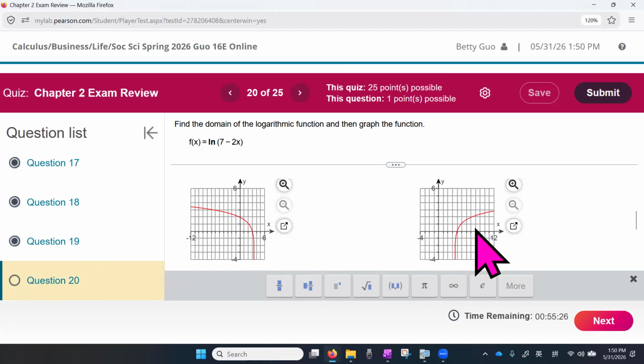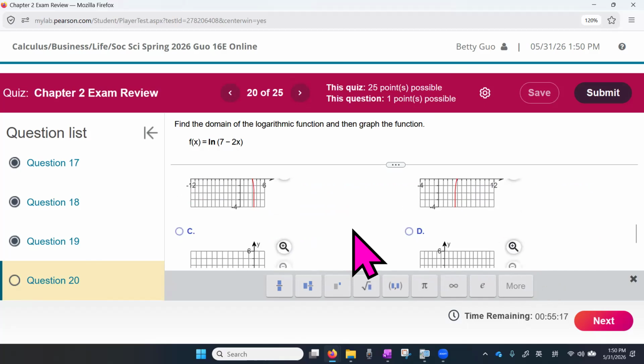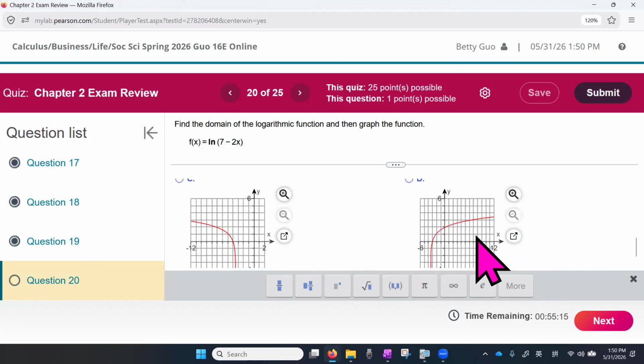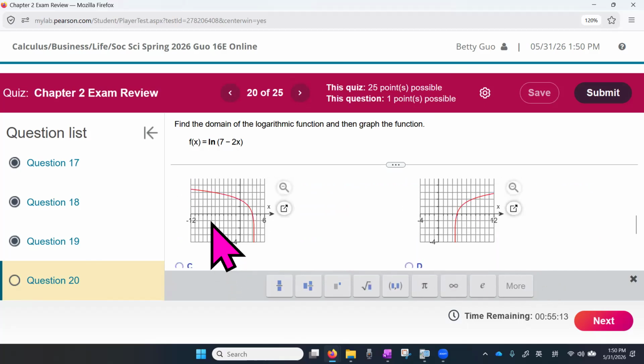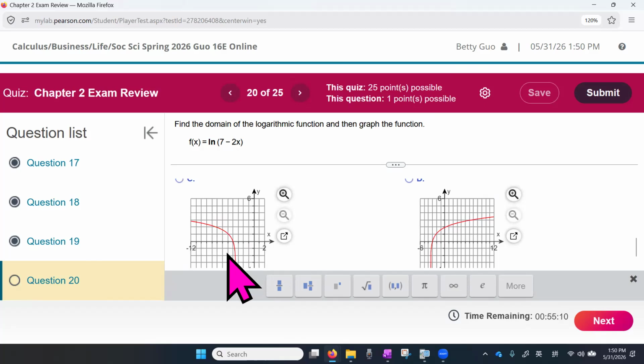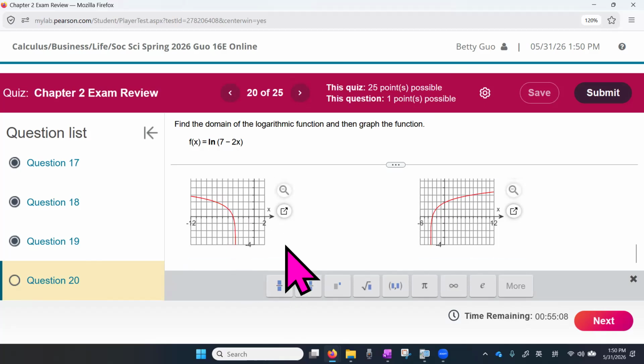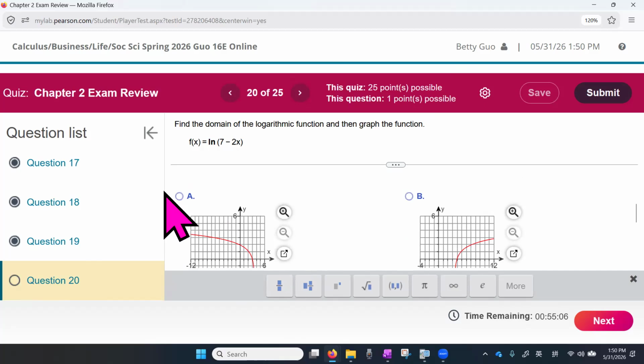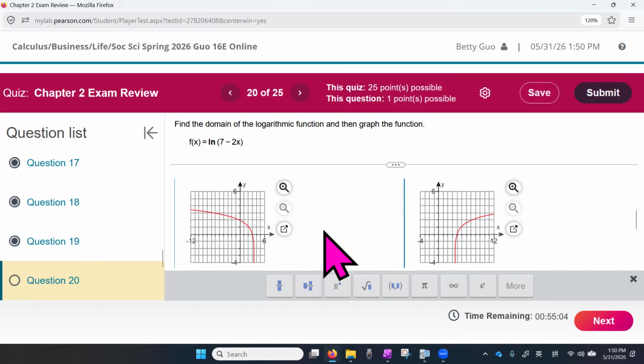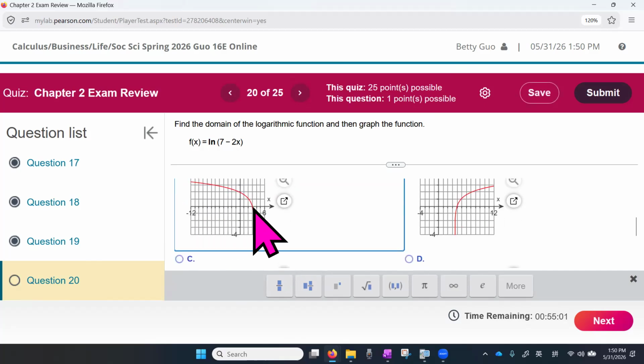This one doesn't work, right? The domain is to the right of 0. This one doesn't work. It's either this one or this one. From negative infinity to 7/2, it has to be this one. 7/2 is 3.5, it's around here.